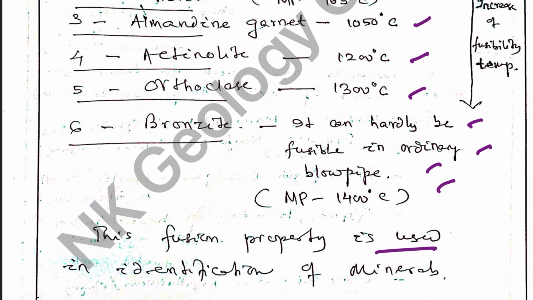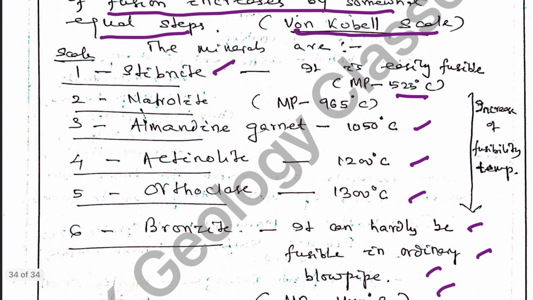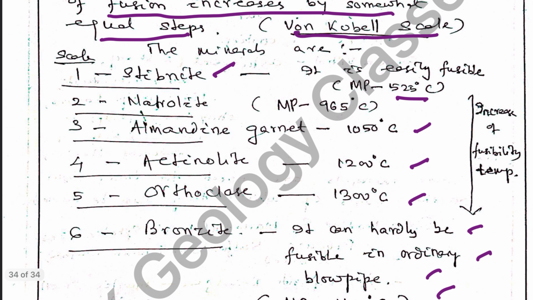The fusion property is used in identification of certain minerals, which can be fused by allowing the heat through blowpipe to fall over these minerals.